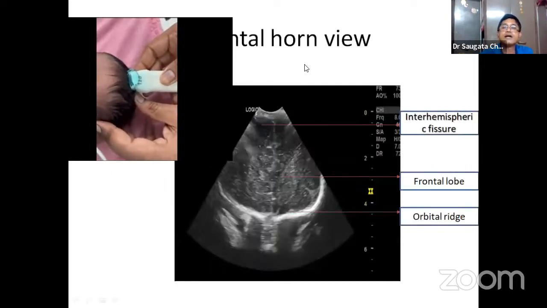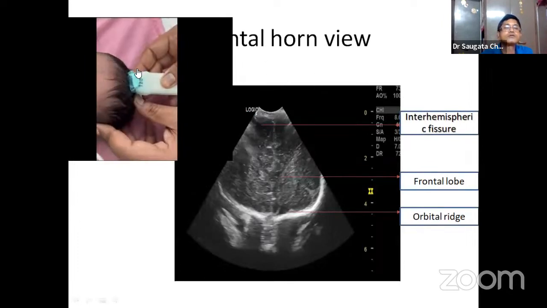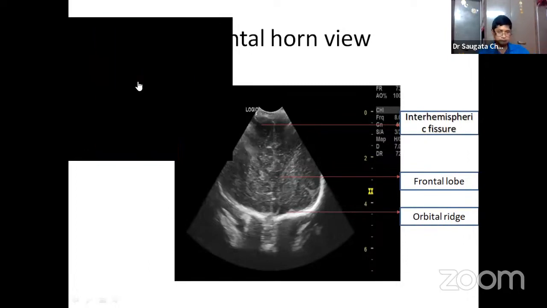Again, this is the anterior horn view. We are keeping the indicator towards the right side, over the anterior fontanelle, and we are seeing the interhemispheric fissure, frontal lobe, and orbital ridge.